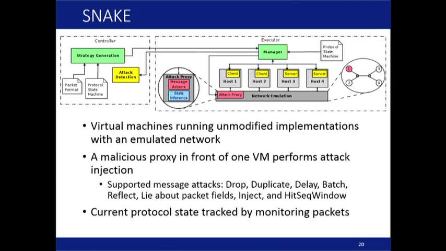However, our malicious proxy also has a component that tracks the protocol state of both sides of the target connection, because we need to do this in order to be able to perform protocol state machine attack injection. We need to know what state both sides of the connection are in. And to do that, we're going to track the packets that the endpoints exchange and compare that with the protocol state machine.